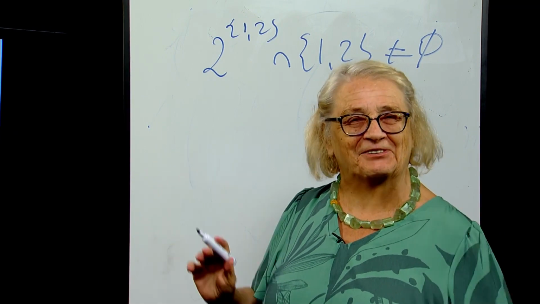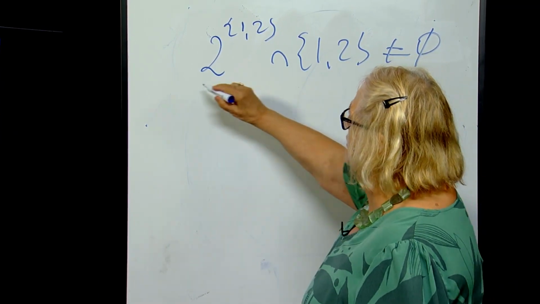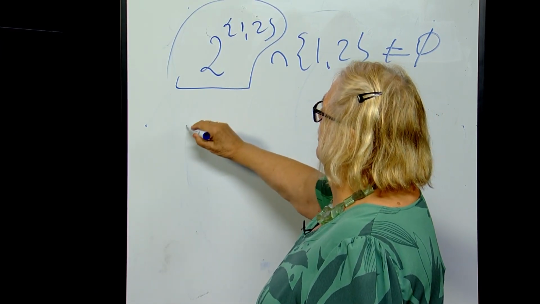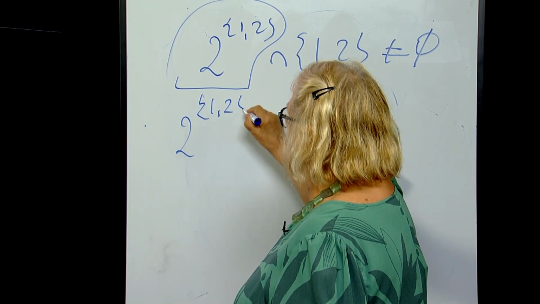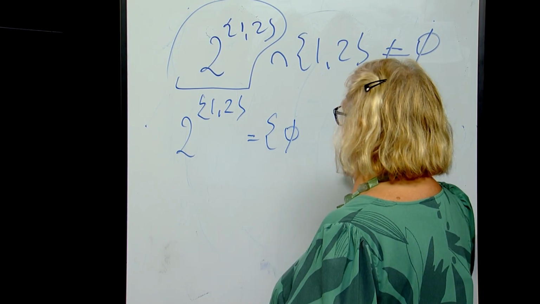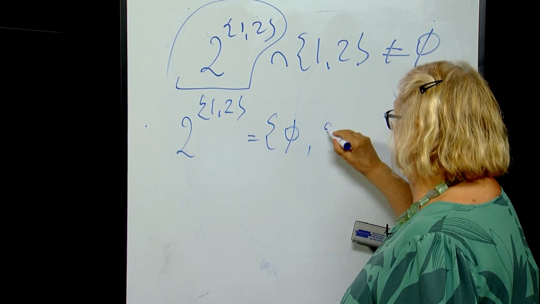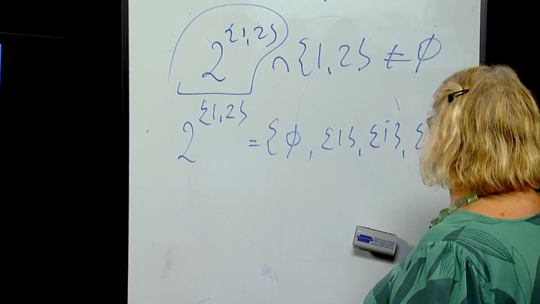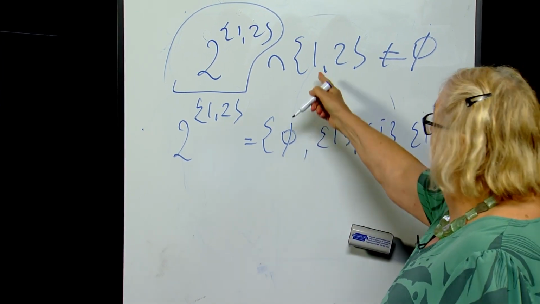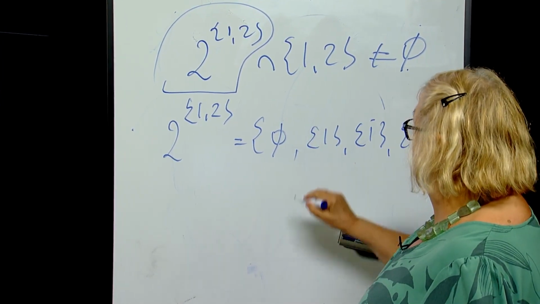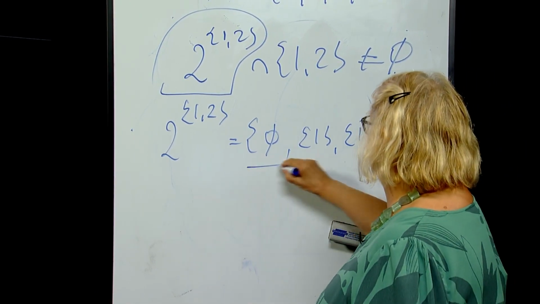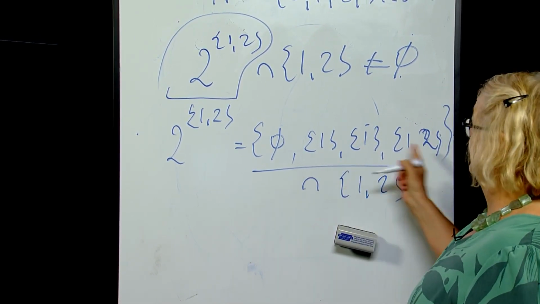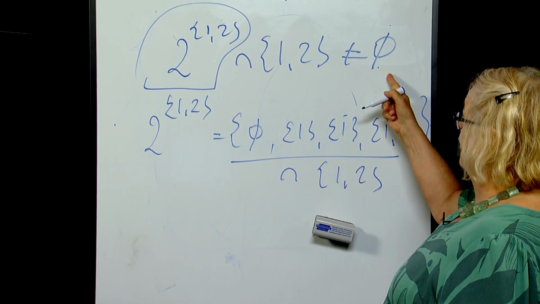I can give you a second to think, but let's see how to approach it. What does this mean? This is the set of all subsets of the set {1,2}. So it contains the empty set, it contains the one-element sets, and it contains the whole set. So the question is whether the intersection of this with {1,2} is non-empty.